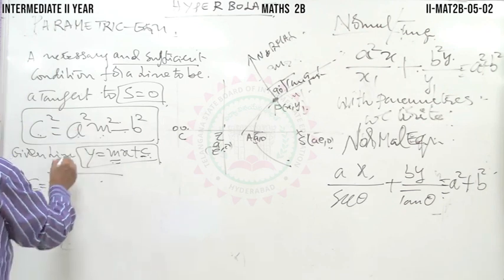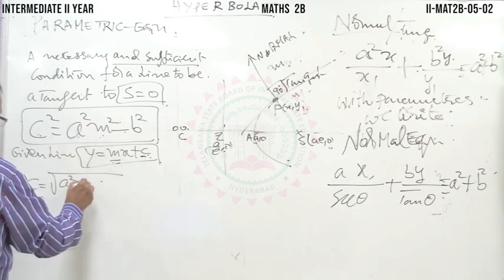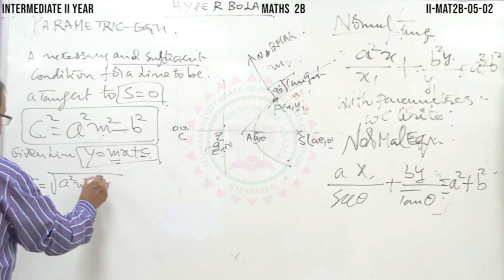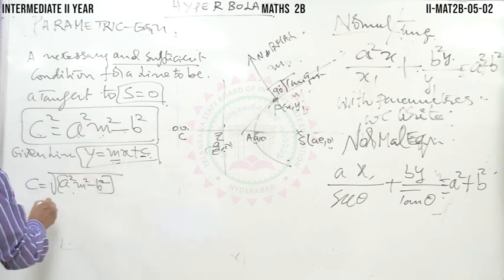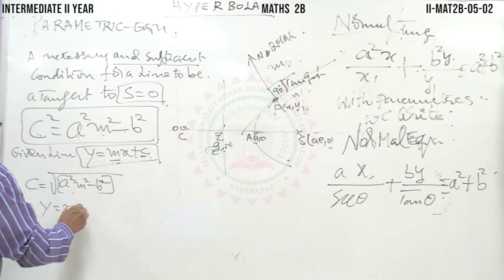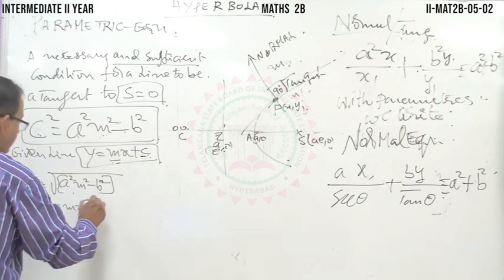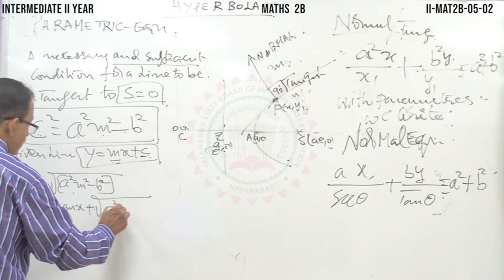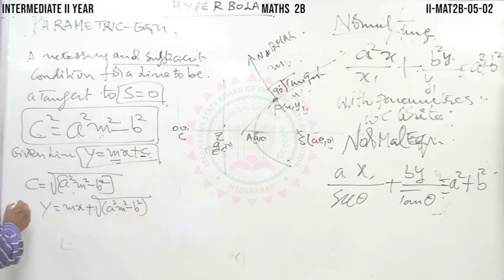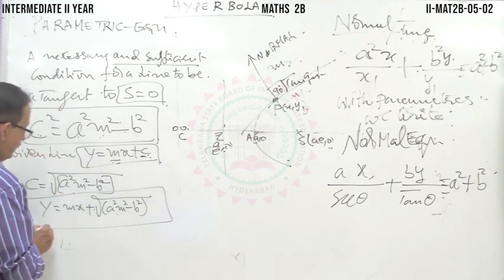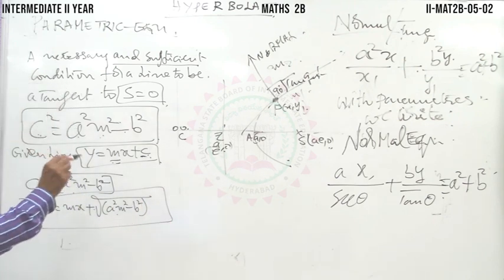The square root of a square m square minus b square. So this part under the root will be substituted. Therefore y is equal to mx plus c, that means the square root of a square m square minus b square, we write. This is the absolute condition for a line to be a tangent.